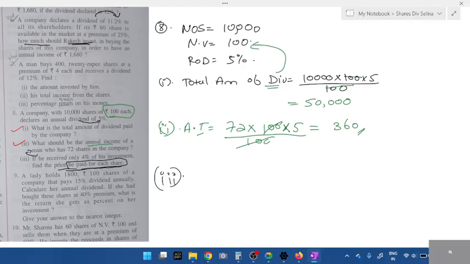If he received 4% of his investment, so how much?